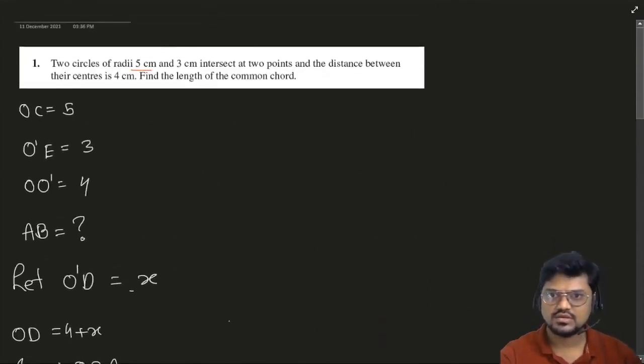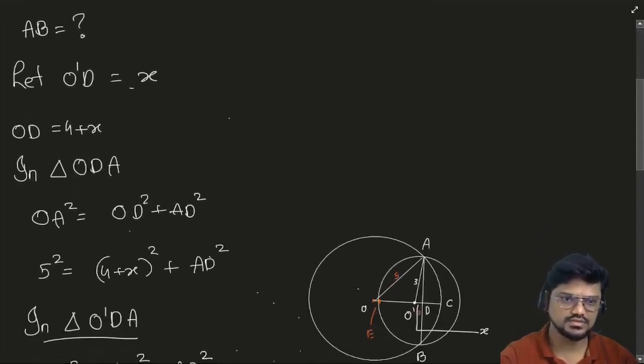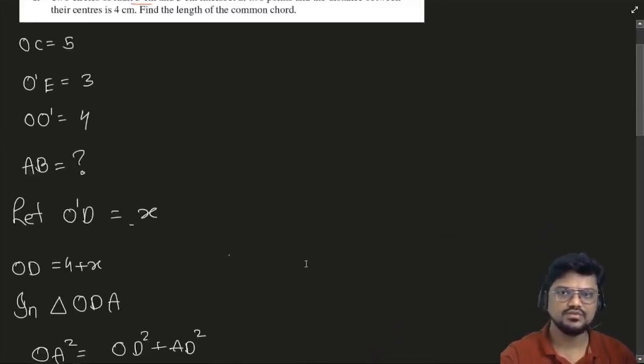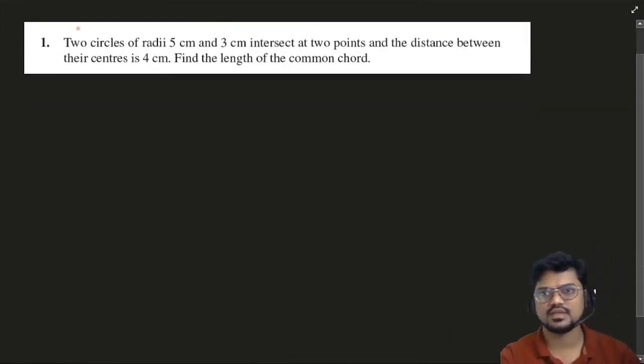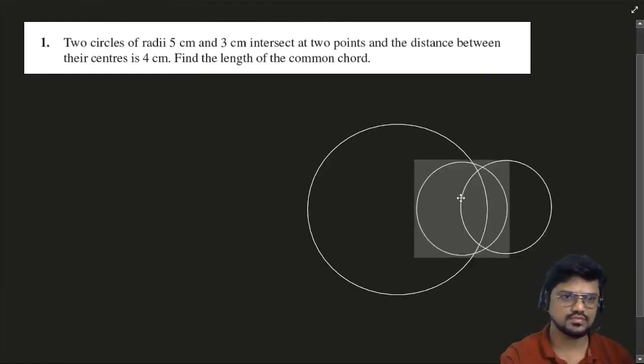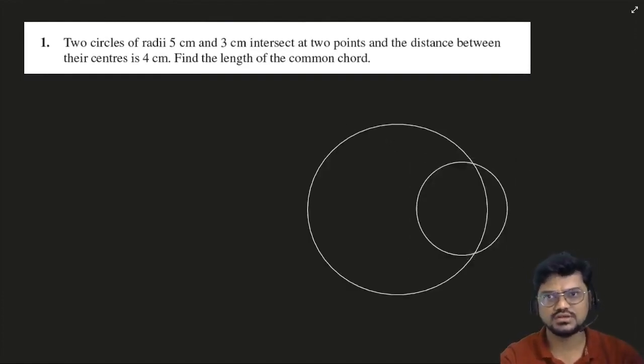Is there anything wrong? Two circles of radii 5 and 3 intersect at 2 points. Fine, wait, I'll do this sum again. Let's draw two circles first. These are the two circles.